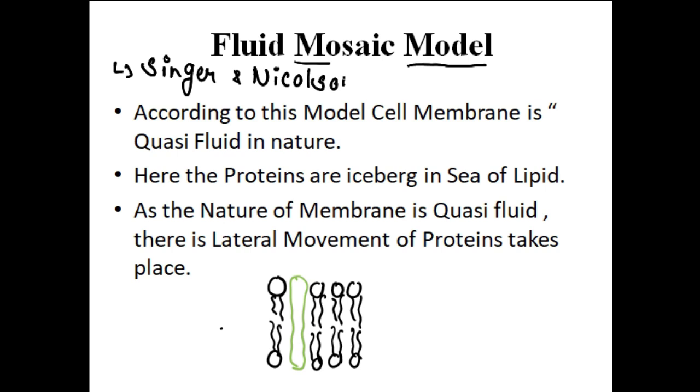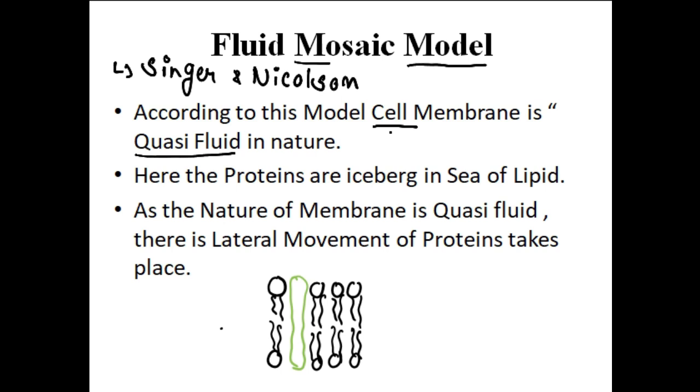Now, according to this model, the cell membrane is a quasi-fluid. The word quasi-fluid means that it is not completely solid. 50% is in the liquid form, while 50% is solid. That means it is neither completely solid nor completely liquid, but it is a quasi-fluid.